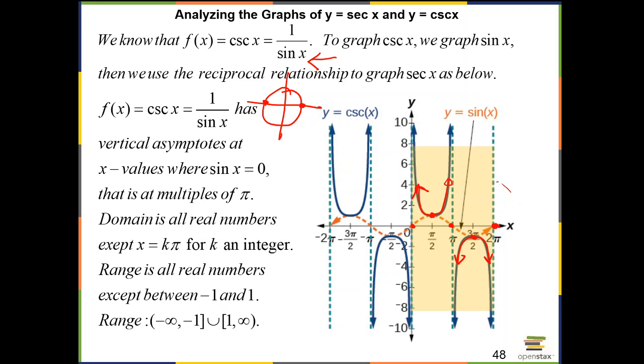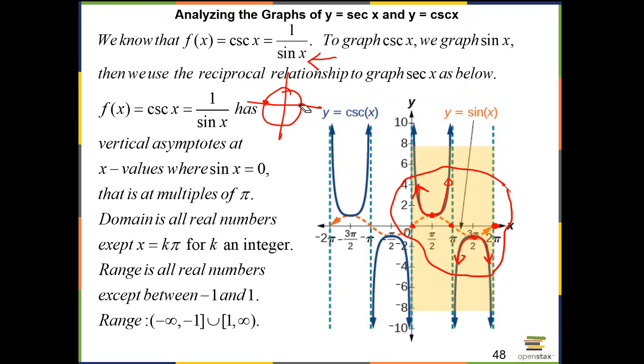So this right here is one cycle of cosecant, and the other cycles are the same. You just graph the cycle of sine, and then on top of the hills you put valleys, and below the valleys you put hills, right? And that's it.